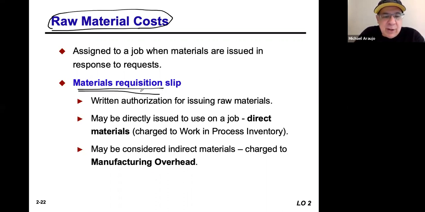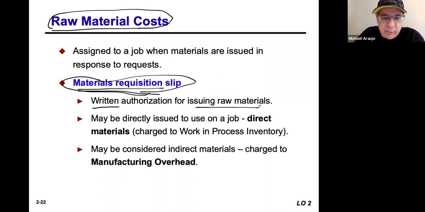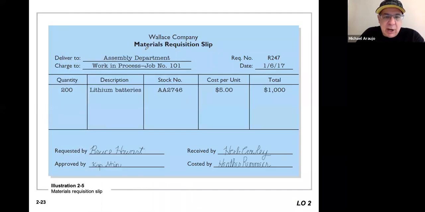So the potatoes are going to be requested through something called a materials requisition slip. Okay, it's literally written authorization saying, can we have these raw materials because we need it. Okay. And so that's something that you're going to be learning about too, a materials requisition slip.